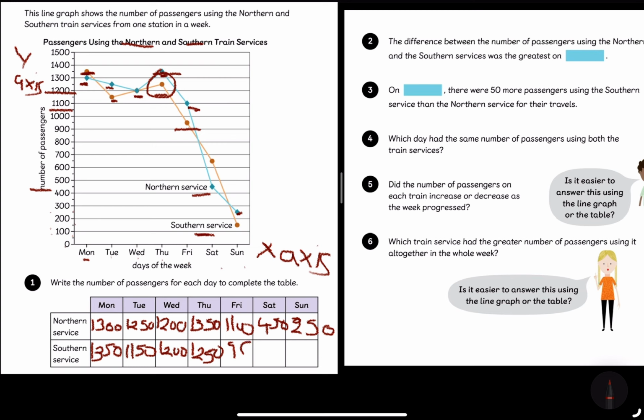Let me write 950 clearly because we have to compare for the questions later. On Saturday, it's between 600 and 700, therefore it will be 650. And on Sunday, it's between 100 and 200, so that's 150.